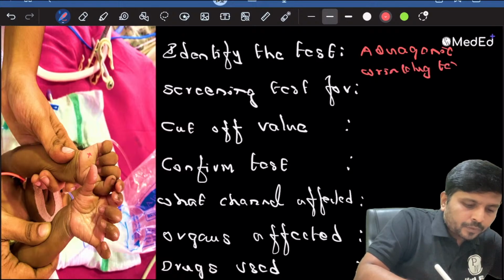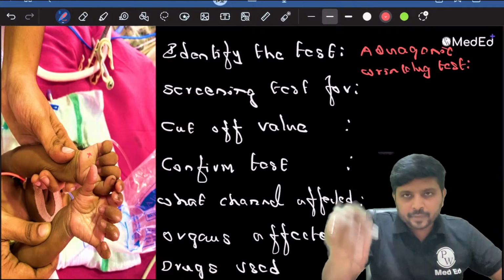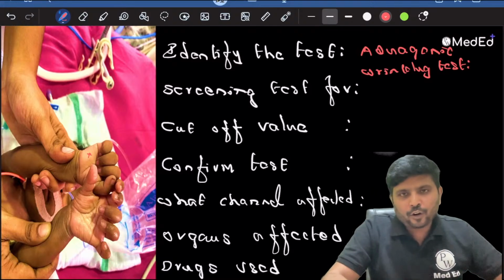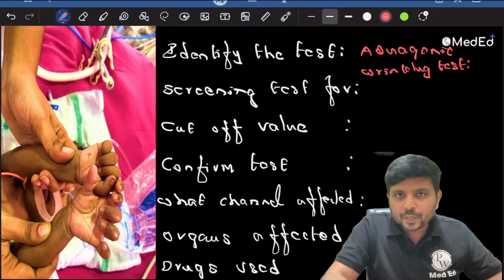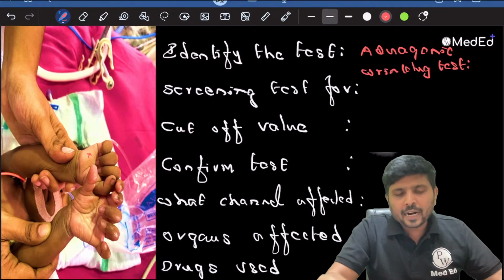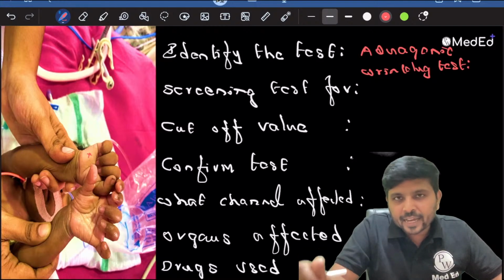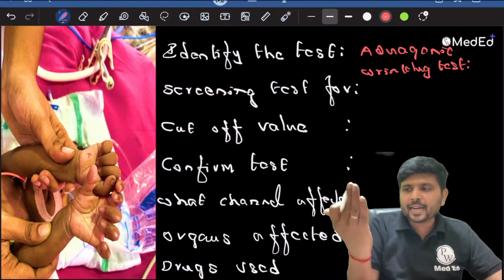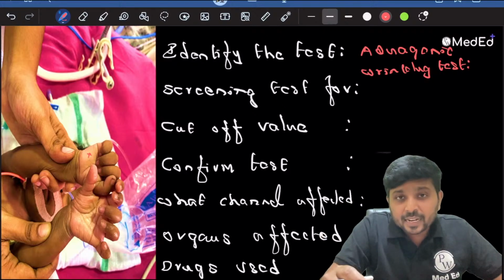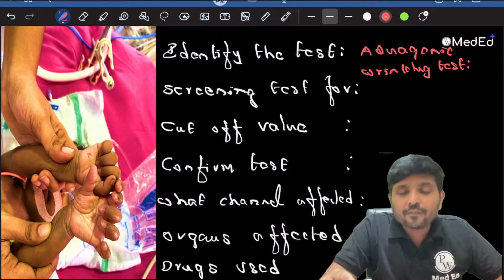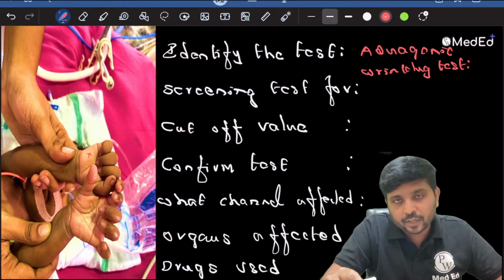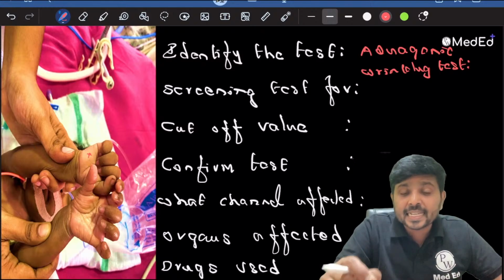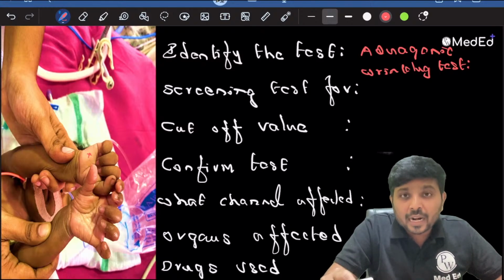That means one hand is immersed in a bowl of water and the other hand is used as a control, and every minute you take the hand which is immersed in water and observe. If there is exaggerated wrinkling of the immersed hand, particularly if it occurs in less than 3 minutes, this is called aquagenic wrinkling test positive.